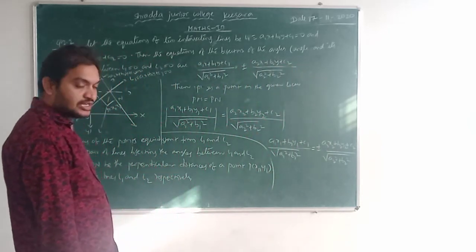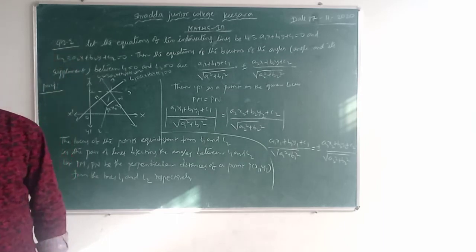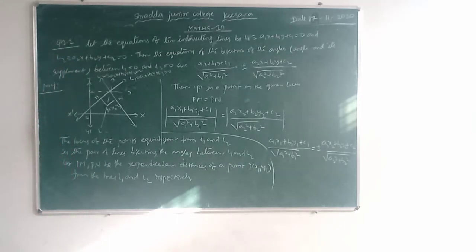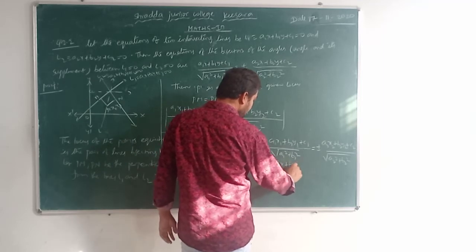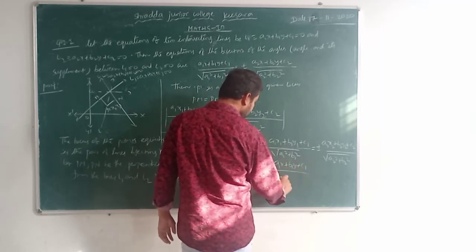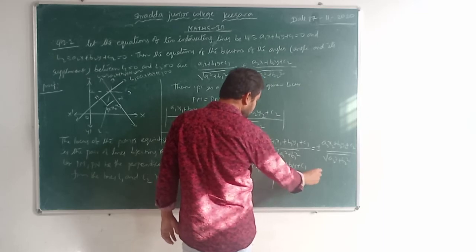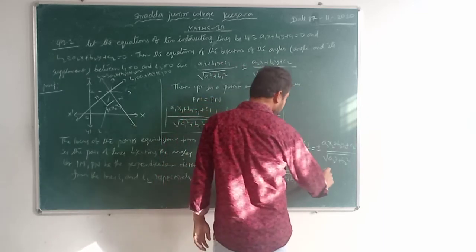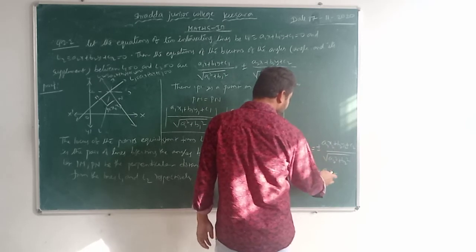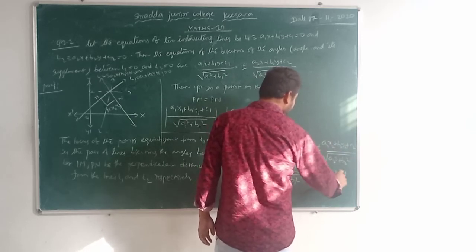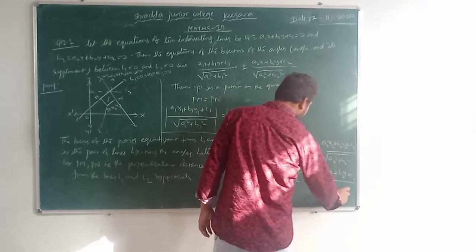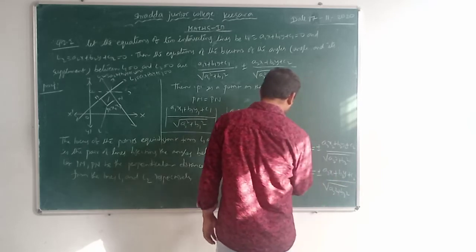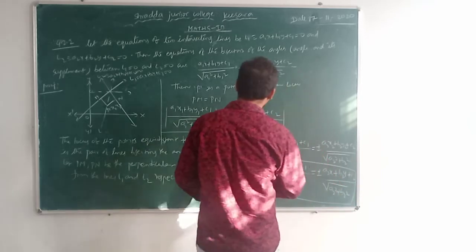So now in the locus, x1 can be written as x and y1 can be written as y. So now we can write a1x plus b1y plus c1 by square root of a1 square plus b1 square equals plus or minus a2x plus b2y plus c2 by square root of a2 square plus b2 square. And this is our required proof.